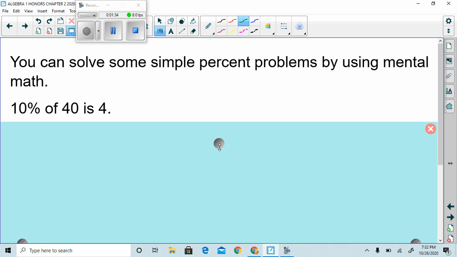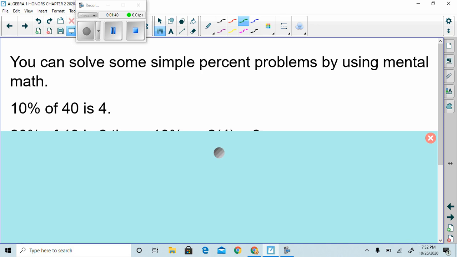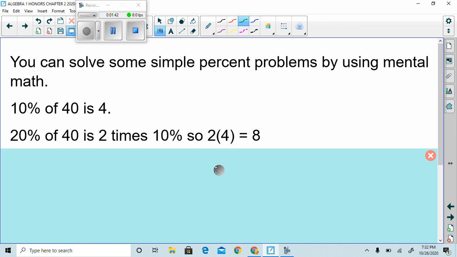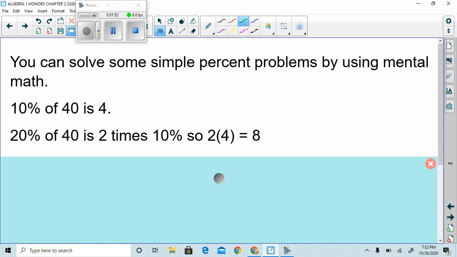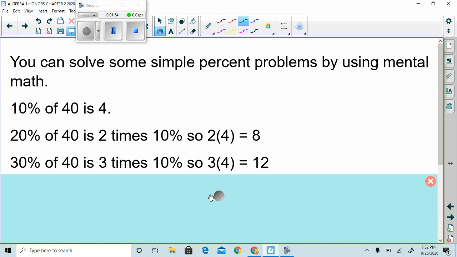What if I wanted to find 20% of 40? Well, 20% is just 10% times 2. So if 10% of 40 is 4, we'll take that 4 times 2, and that'll give us 8. Let's look at another. 30% is 3 times 10%.